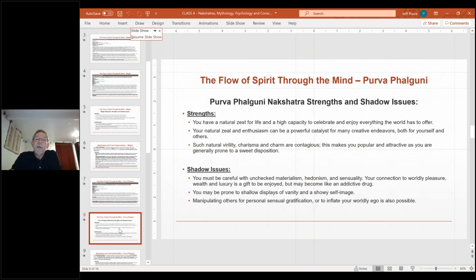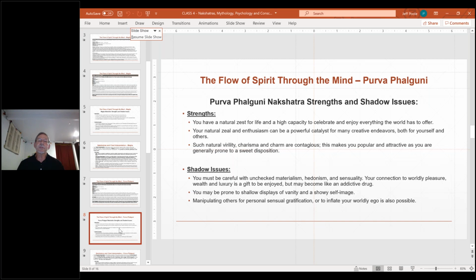So the strengths here of Purva Phalguni is that you have a natural zest for life and a high capacity to celebrate and enjoy everything that the world has to offer. And that natural zeal and enthusiasm becomes the catalyst of all the creative endeavors that you do for yourself and for others. And so it's about selling that vision to the people.